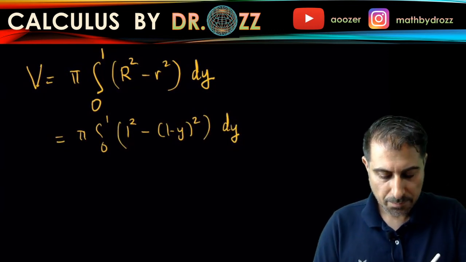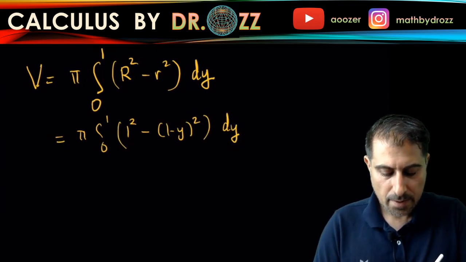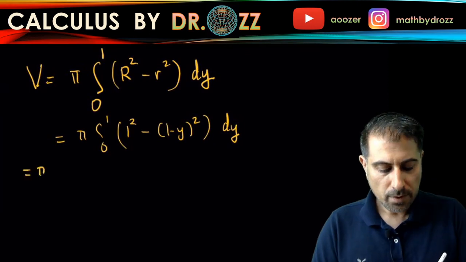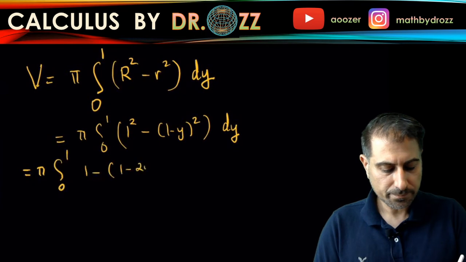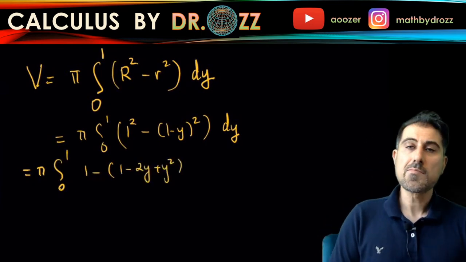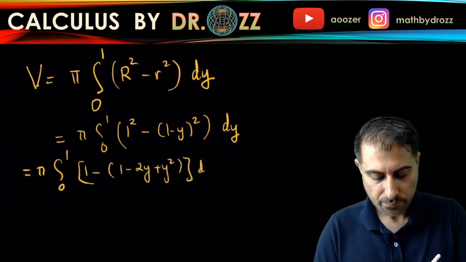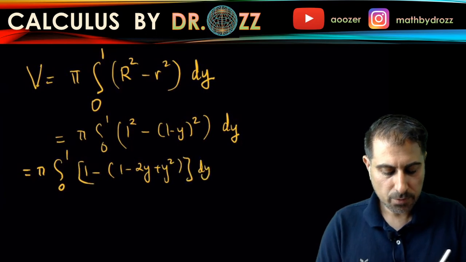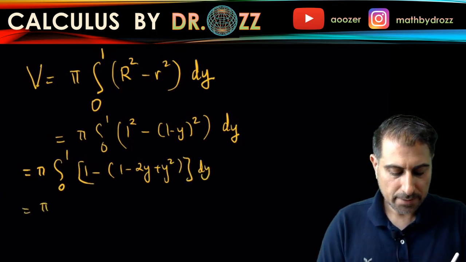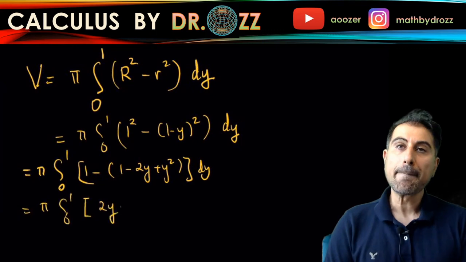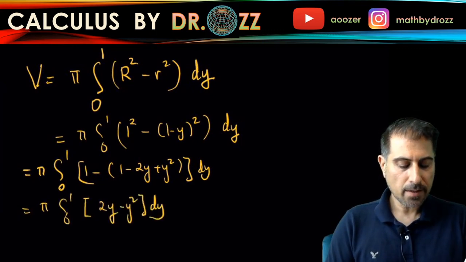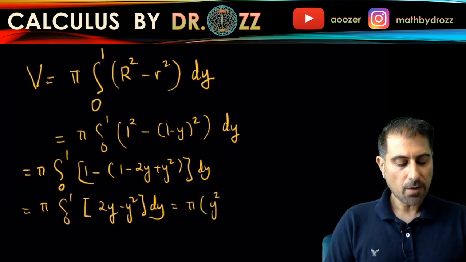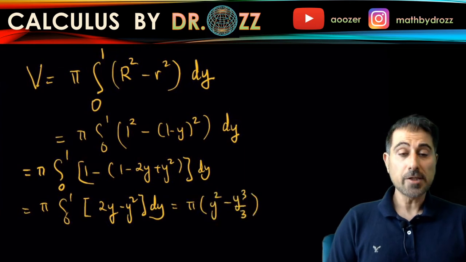All right, so let's simplify this. So this is pi, integral from 0 to 1, of 1 minus 2y plus y squared, dy. And that is equal to 2y minus y squared dy. Let's find the antiderivative in one shot. So pi times y squared minus y cubed over 3, from the power rule of integration.